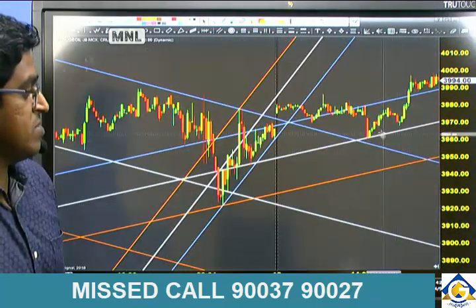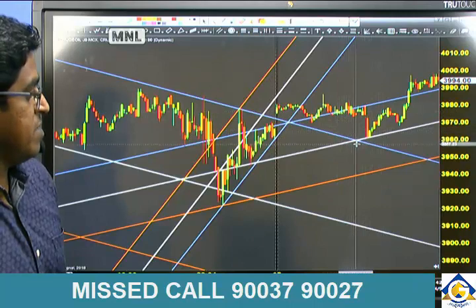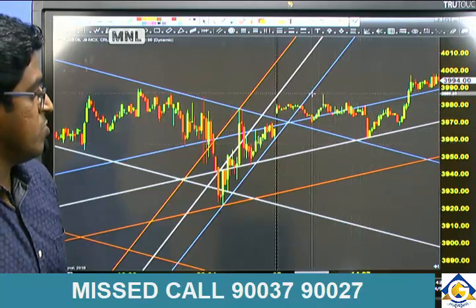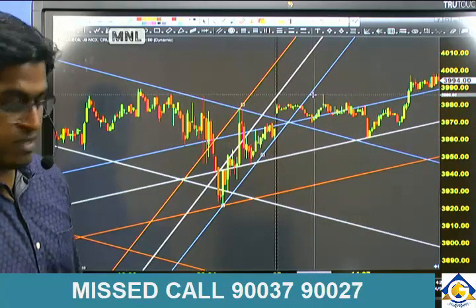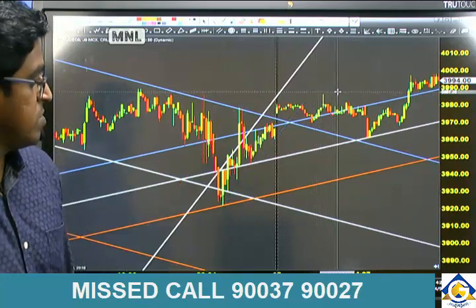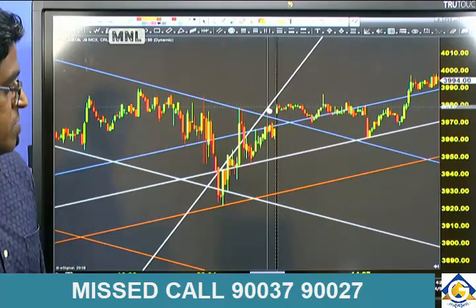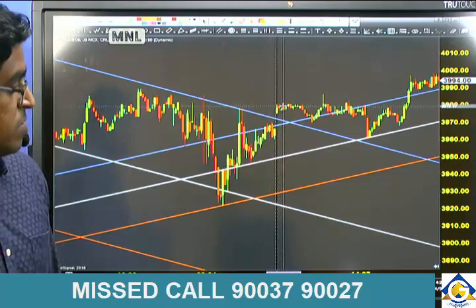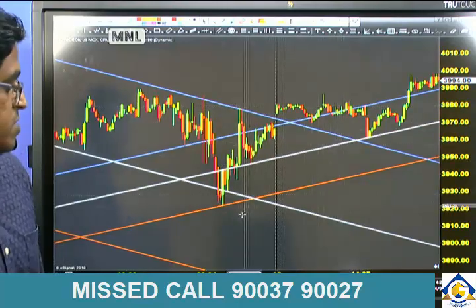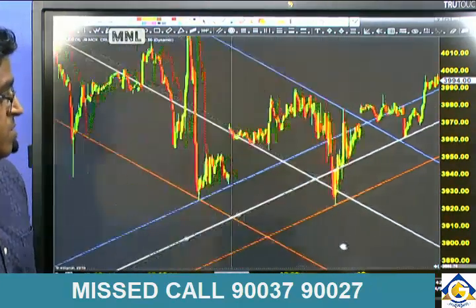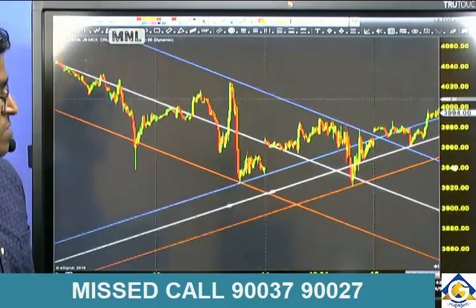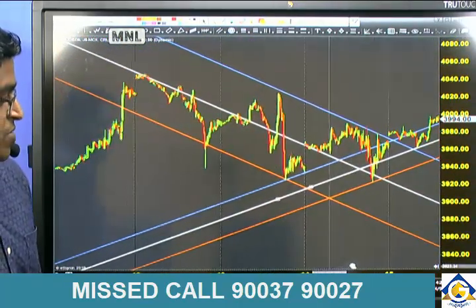So finally we got this line. What I am going to do is delete this line and delete this midline. So this is the one trend. These are the two trend lines we draw.